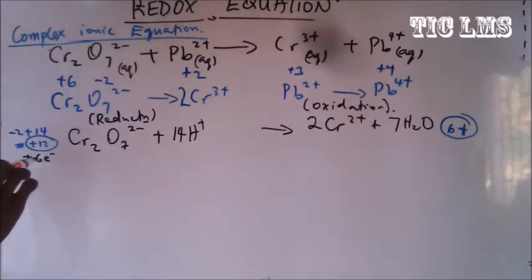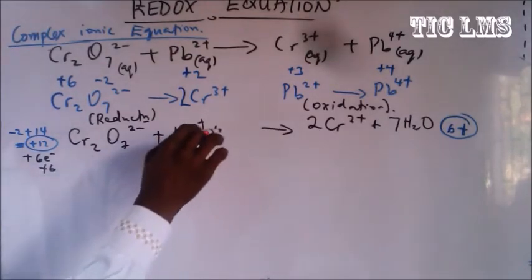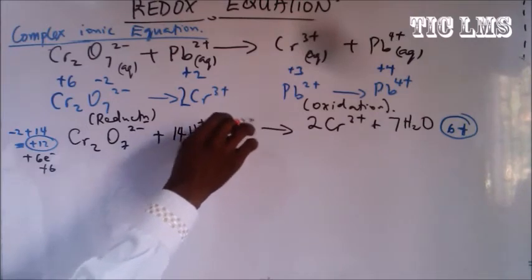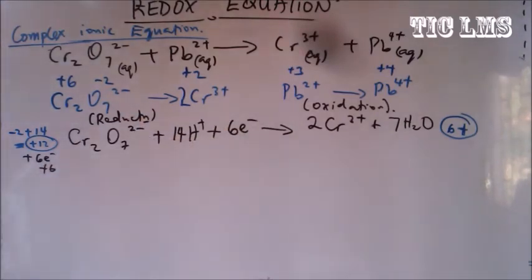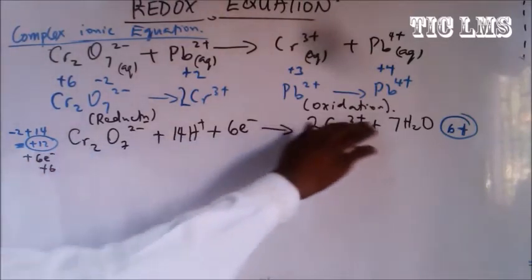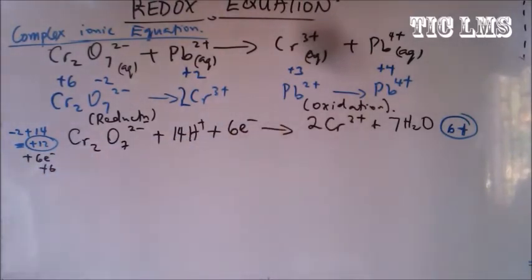When we introduce 6 electron, since electron is negative, the negative will be 12 minus the electron, and that will give plus 6, and then we have plus 6. So we add 6 electron on the reactant side. With that carried out, the reduction reaction has been balanced there.